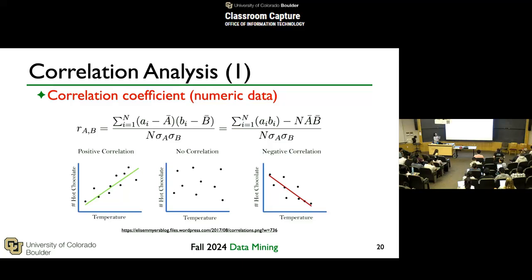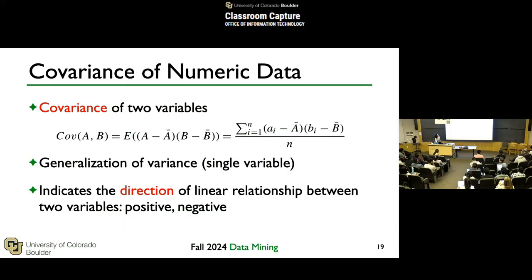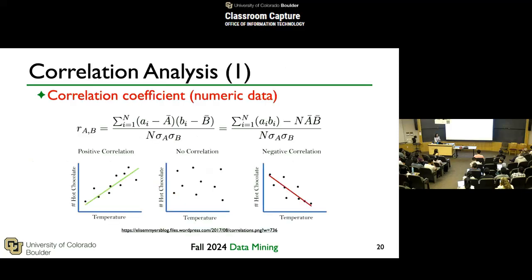Okay? So this is for numerical data. If you compare to the previous one, the key difference with the correlation coefficient versus the covariance is that the correlation coefficient is standardized, okay?